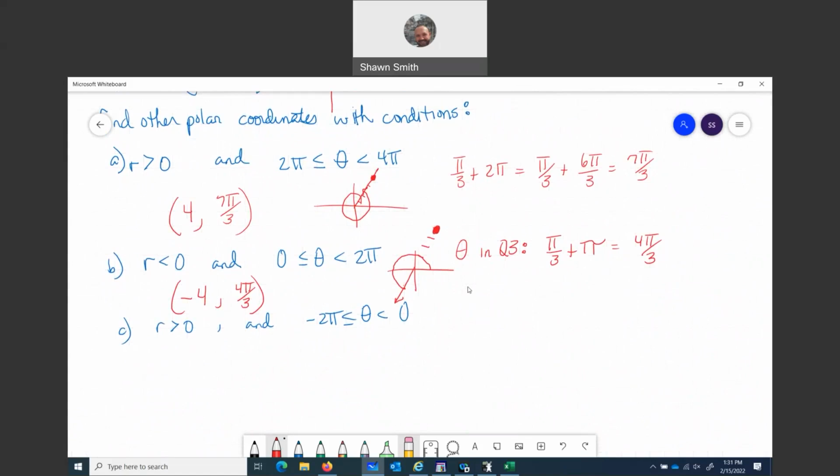All right, so now I want my angle to be negative, but my r to still be positive, so that's still 4. I just need to represent my angle being negative. So a negative angle starts here, at the positive x-axis or the polar axis, and rotates clockwise.